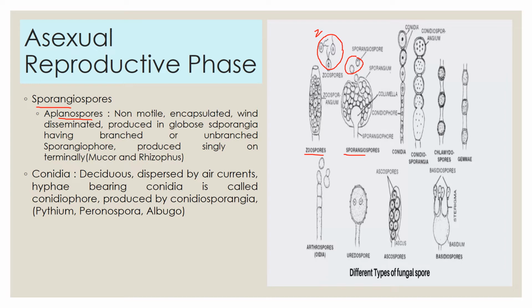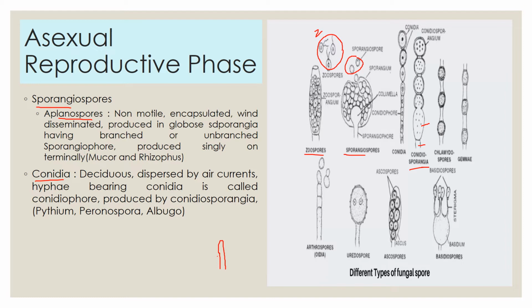And the other type of spore is the conidiospore. Now, conidiospores are produced in structures called the conidiophore and the conidiosporangia, where the conidiophore is the supporting structure of the conidiosporangia. I'm not drawing it here, it is already drawn. So this is the conidiophore, the supporting structure. This is the conidiosporangia, and we see that the conidia are produced one by one.